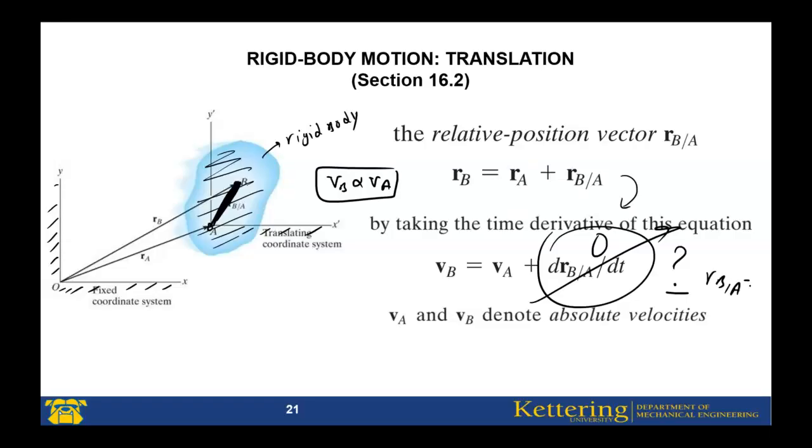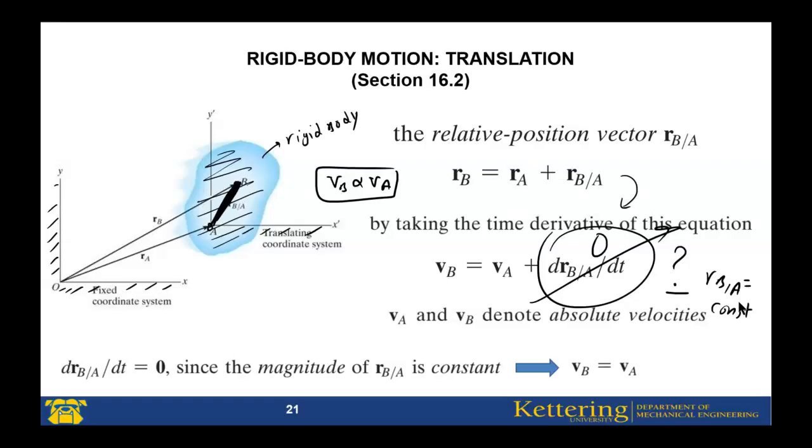RB with respect to A is always constant. Then, as I mentioned, because RB with respect to A is constant, the velocity of A equals the velocity of B. This means that for a rigid body with a translational motion, the velocity of any points inside the rigid body will be equal.